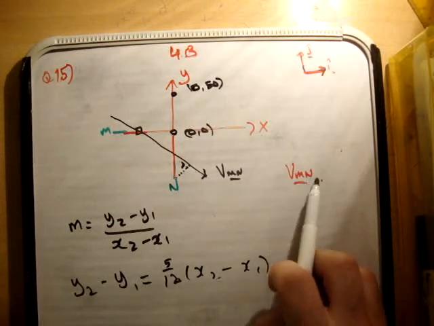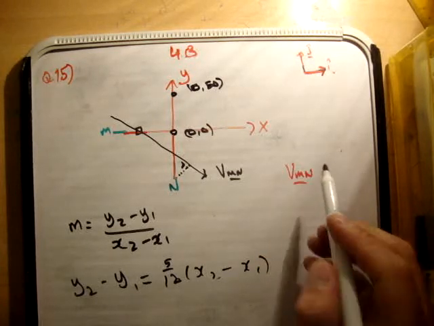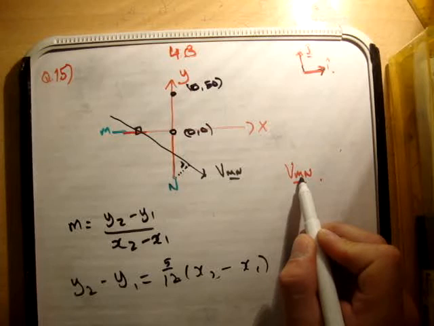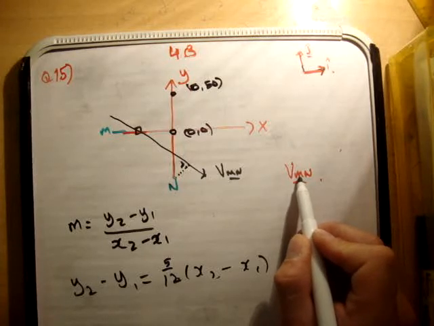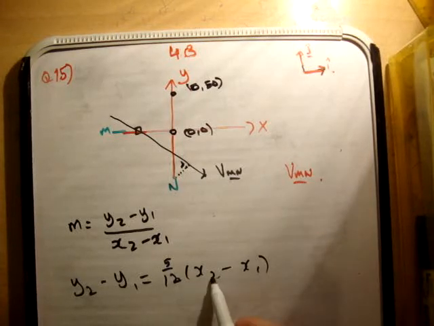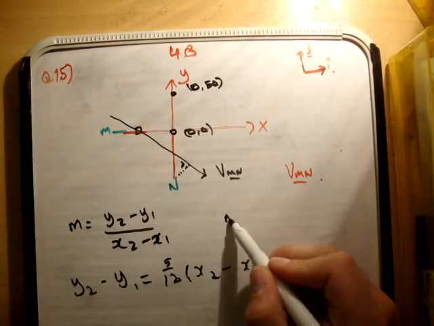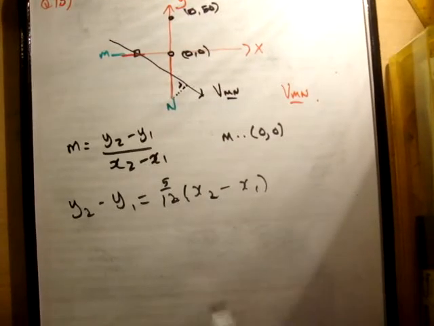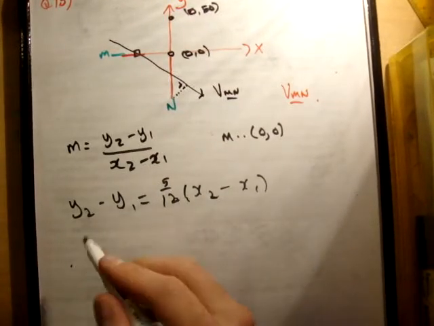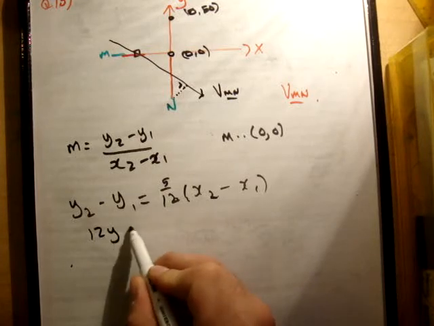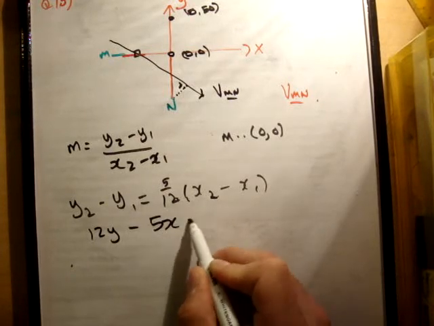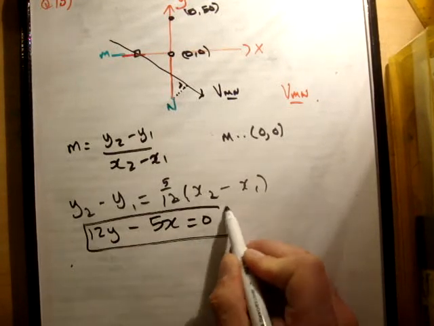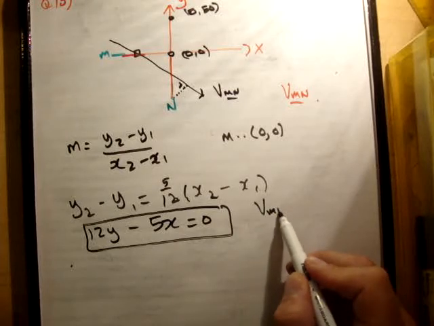And we know the vector Vmn corresponds to m, because n is stationary and m is moving. So if we know a position of m at any stage, we can plug it into this formula and get the equation. We know that m is at the origin, or 0, 0. So let's plug it in. The y and the x go away, and you're just going to get 12y minus 5x is equal to 0. And that's the equation of the line Vmn.